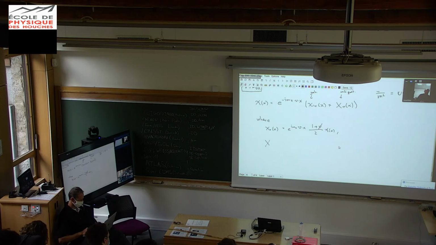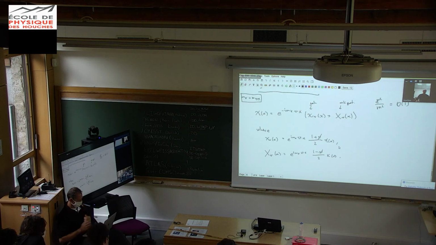And capital chi v of x equals e to the i m chi v dot x times 1 minus v slash over 2 times chi of x. Okay, chi of x is the original field. So you see we split in this way. If you insert it here, you get back what we have here.